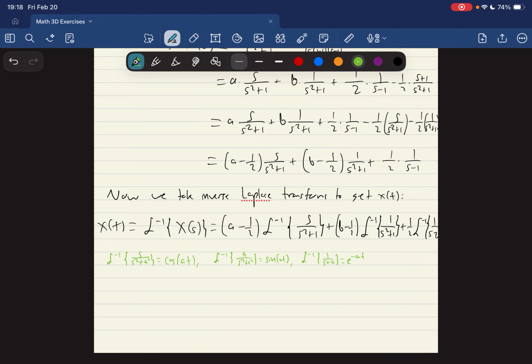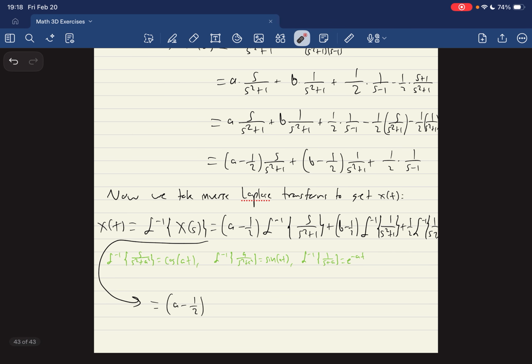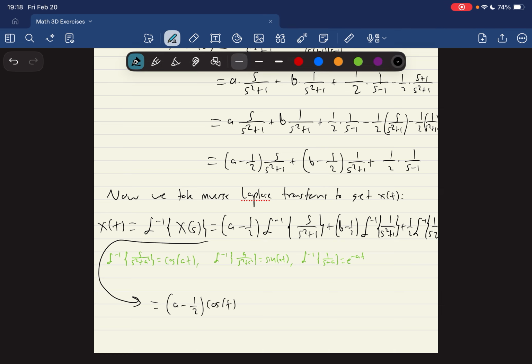Yeah, I do. And so applying these formulas, we get a minus 1/2 times, here my a is 1 for this formula, so I'm going to just get cosine of t.